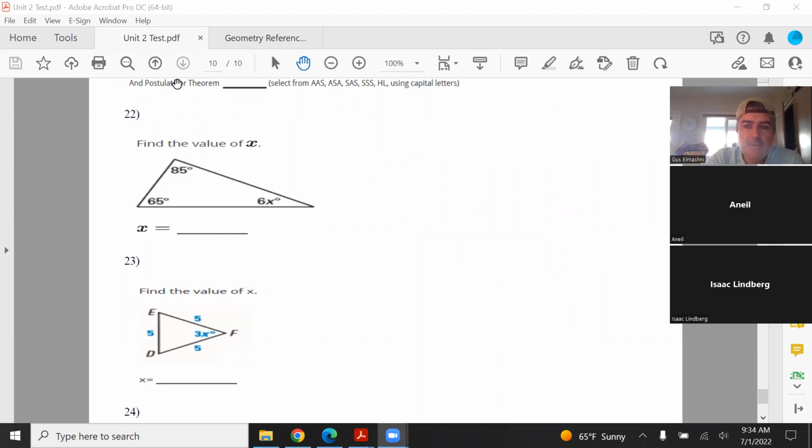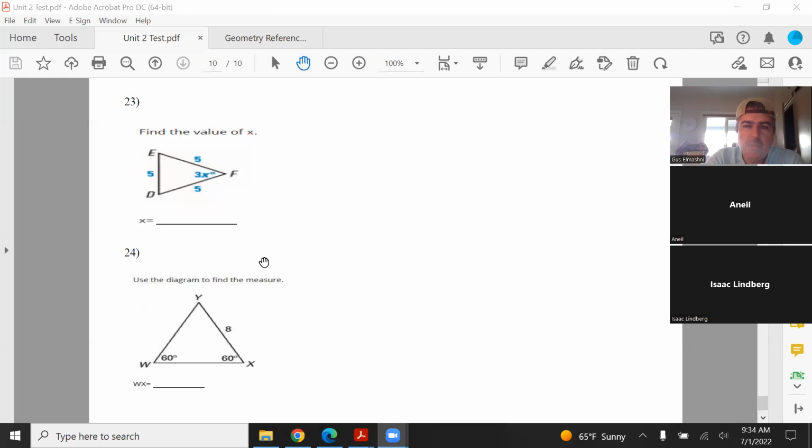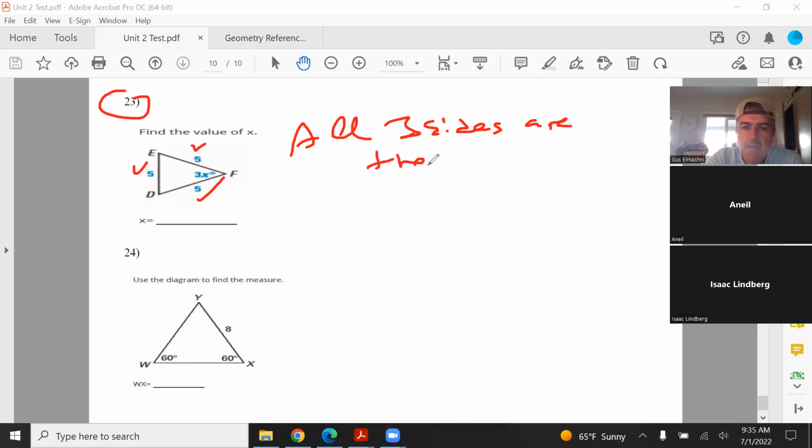Okay, these last 2, I was also somewhat disappointed with what I saw. Again, this is a language. All 3 sides are the same, right? So equilateral.